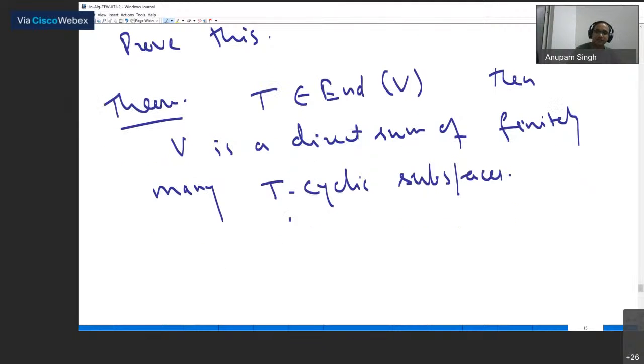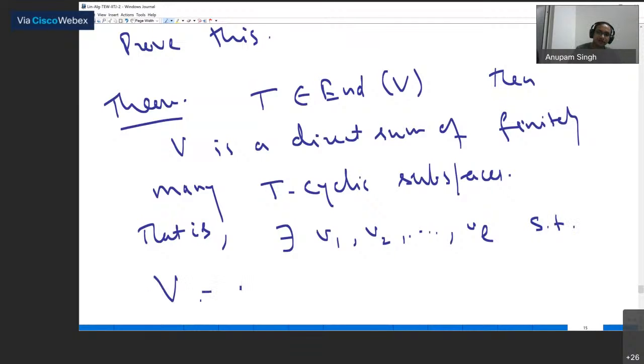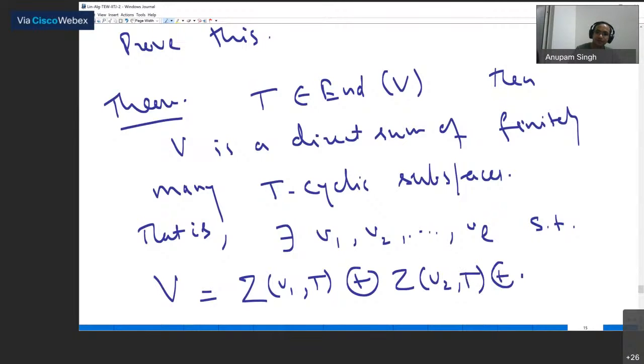That is to say, there exist some vectors v1, v2, ..., vl such that V is Z(v1, T) direct sum Z(v2, T) direct sum ... direct sum Z(vl, T).